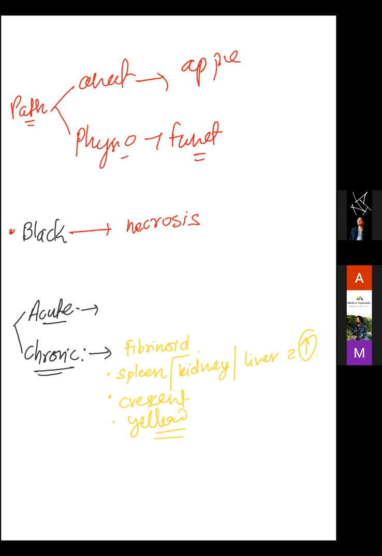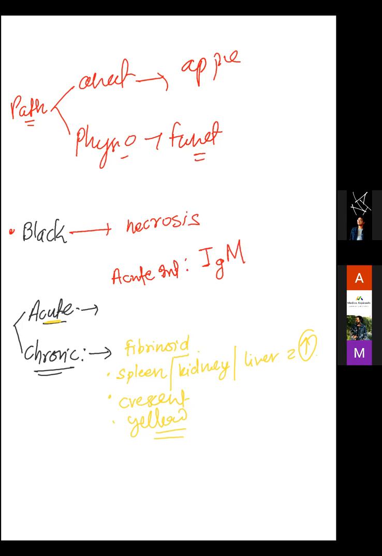But whenever it is acute, it is simplest to differentiate, because in the acute section there may be acute infection, acute viral infection. So how I personally recommend you remember: in acute infection, IgM is responsible. This is an important thing from the microbiology point of view.